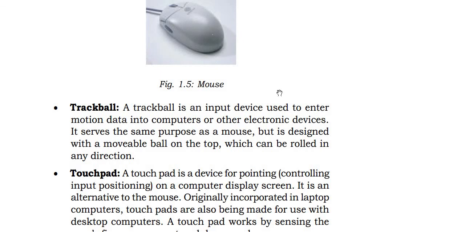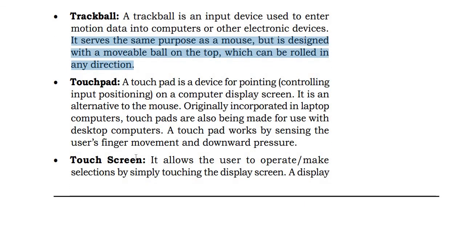Fig. 1.5, Mouse. Trackball. A trackball is an input device used to enter motion data into computers or other electronic devices. It serves the same purpose as a mouse, but is designed with a movable ball on the top, which can be rolled in any direction. Touchpad.